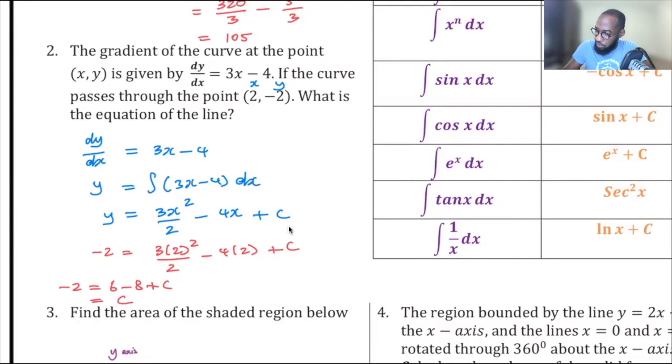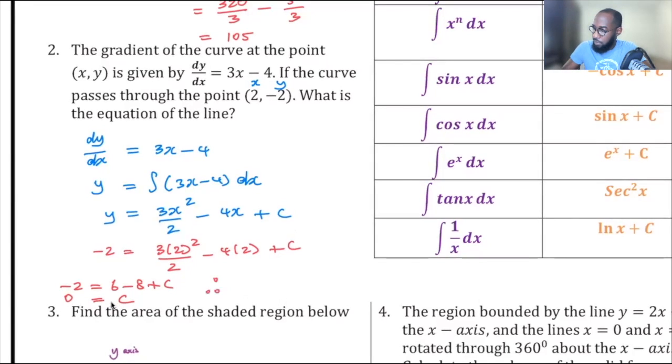When we transpose, 6 minus 8 is equal to negative 2, and negative 2 plus 2 is 0. So c is equal to 0.